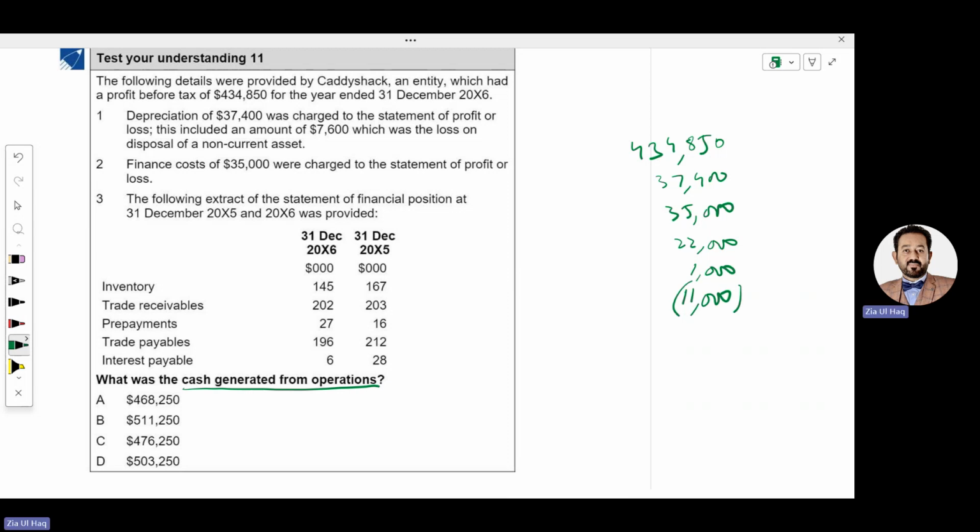We have made advance payments, cash out. Trade payables decreased by 16,000. This means we have paid cash. So how much is cash flow from operations? 503,250. Option D.